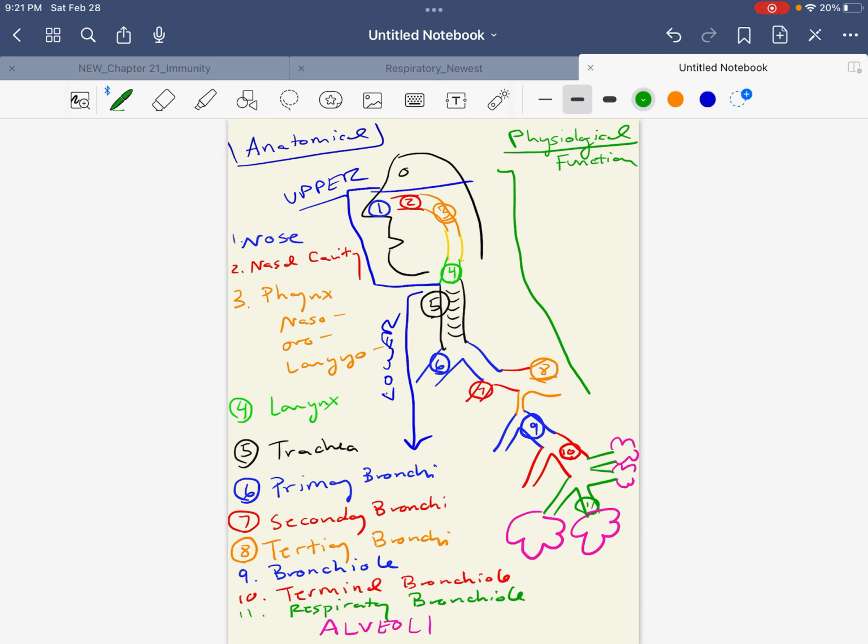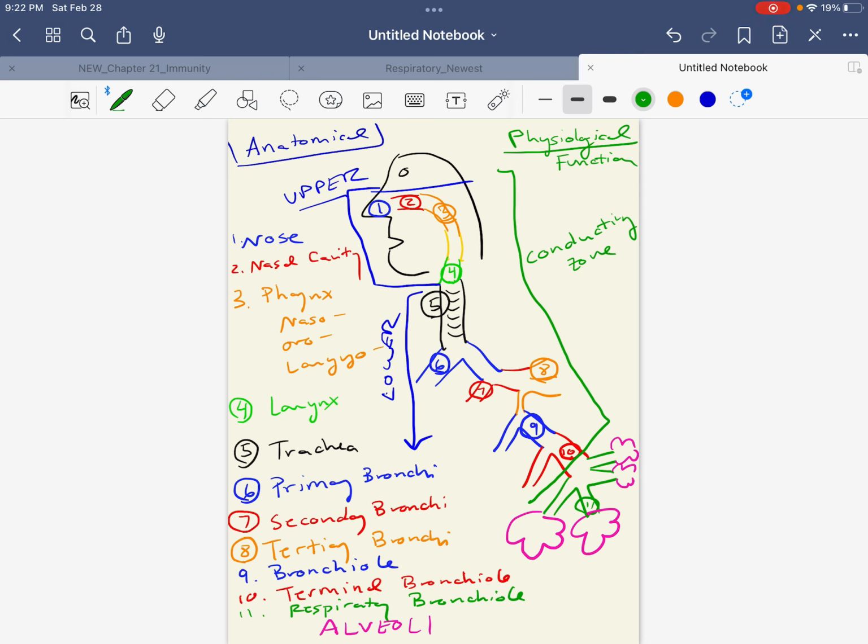So nose all the way down to the terminal bronchiole is what's considered the conducting zone, because the function of all of these areas: conduct gas, bring it in, clean, warm, humidify. Filter, warm, humidify. Say it again and again and again. All the way down from the nose to the terminal bronchiole.